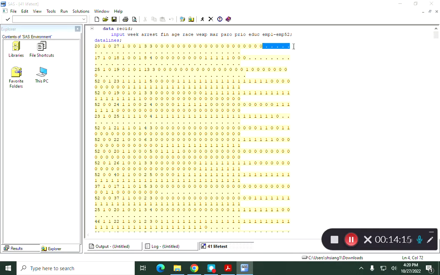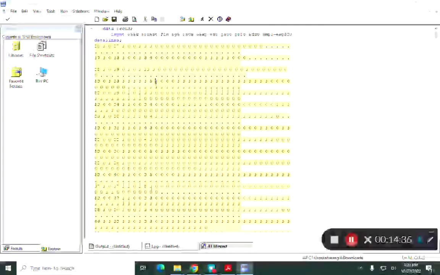mean. See here, some of the data show, like this guy, you can tell, 52 weeks, nice. So he wasn't arrested again. And then after that, there are variables about age, gender, everything.